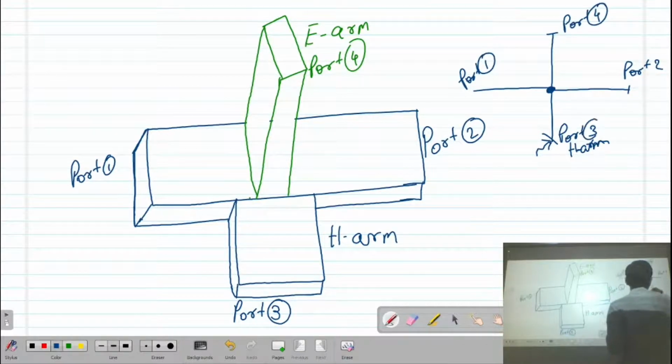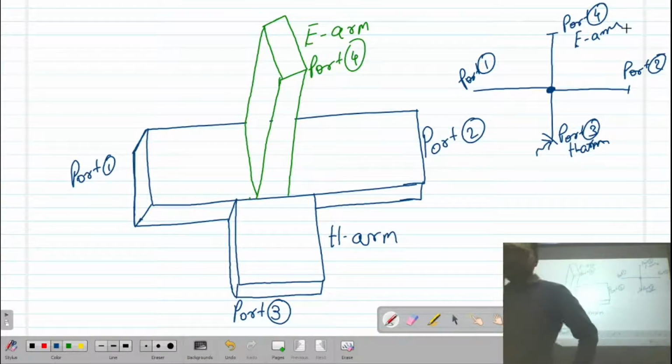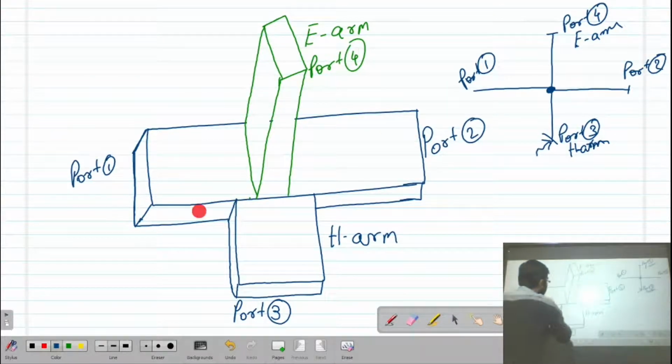This kind of structure it will have. This is the E arm. This is just a signal structure, don't consider it as a practical one. This is the practical one which you are seeing over here, the practical structure of the EH plane T junction or magic T junction.